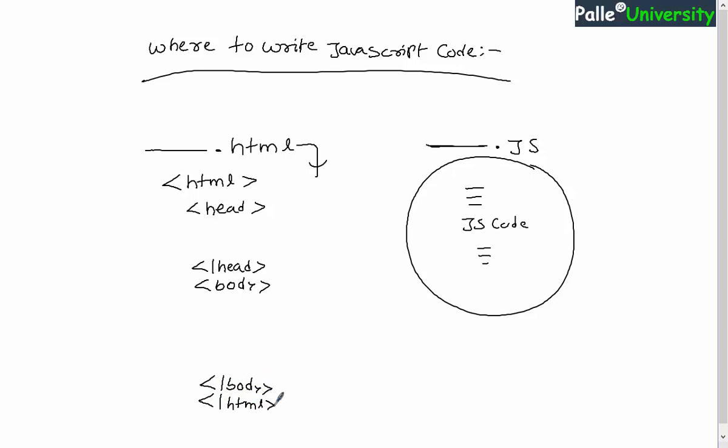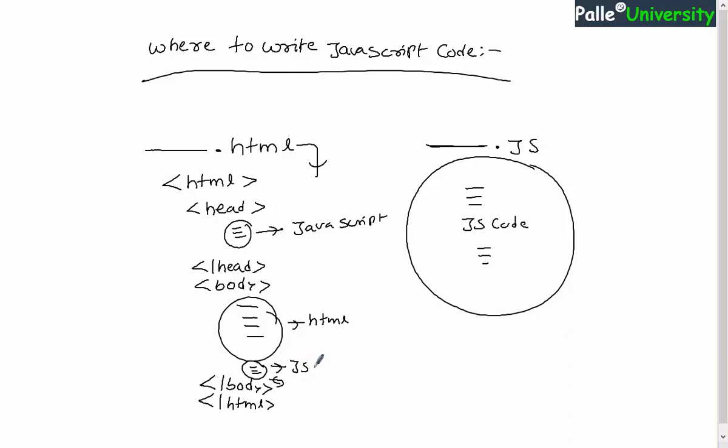Remember, if you want to write JavaScript code inside an HTML file, you can write it either inside the head tag, or inside the body tag, or just before the end of the body tag. Usually inside the body of HTML, you will write some HTML content, and after writing all the HTML content, just before the end of the body tag, you can write JavaScript code.